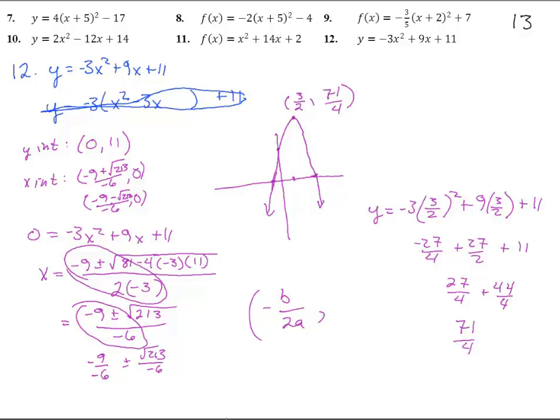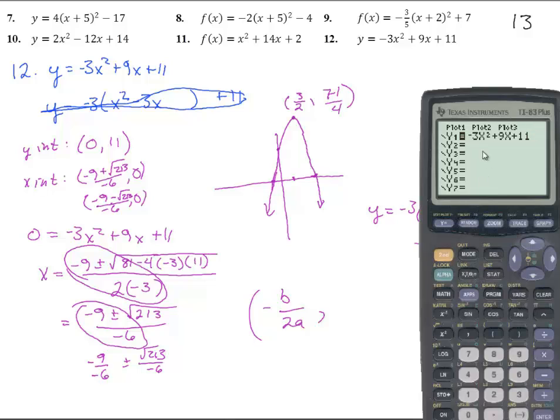Let's check our calculator. Negative 3x squared plus 9x plus 11. Let's graph it. Okay, so it looks like it does that. We'd better zoom out just a little bit so we can see what it looks like. There we go. And I'm very interested to see if we got the right maximum. So there's a left bound, enter.